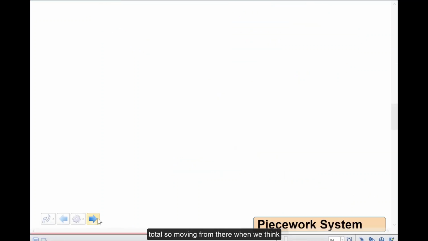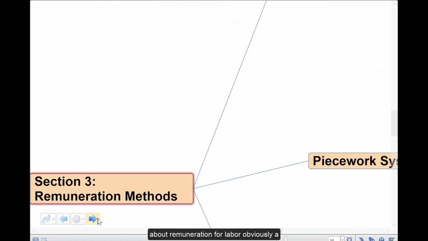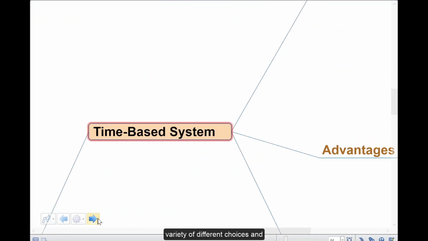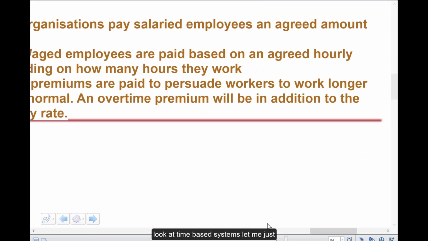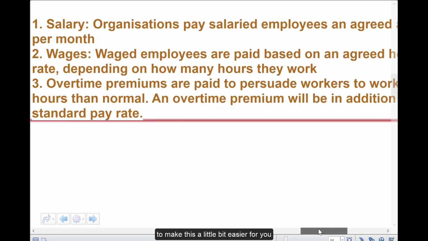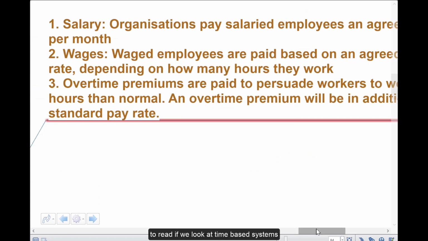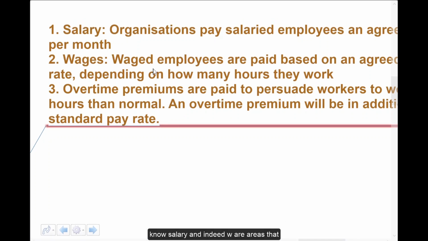So moving from there, when we think about remuneration for labor, obviously a variety of different choices, and certainly over the last 20 to 30 years, remuneration packages have changed. If we look at time-based systems, then clearly things like salary and indeed wages are areas that we're familiar with.